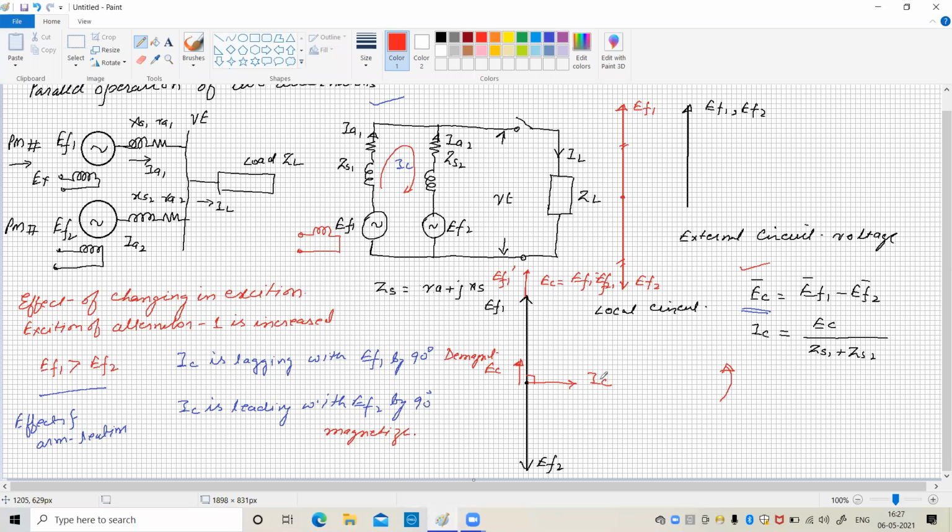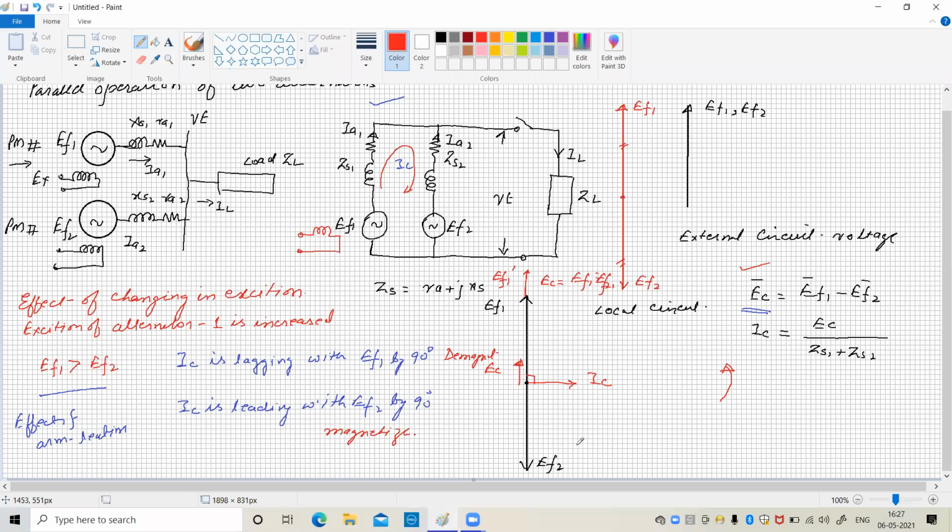So we can say that the circulating current tries to reduce the magnitude of EF1, whereas it tries to increase the magnitude of EF2 in such a way that the two voltages become equal, and as soon as the two voltages become equal, the circulating voltage becomes zero as well as the circulating current.